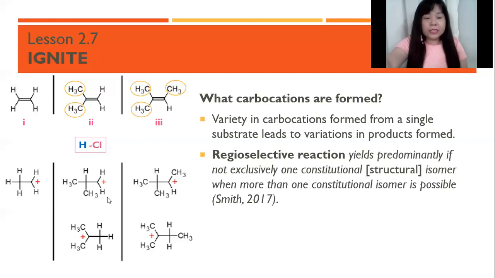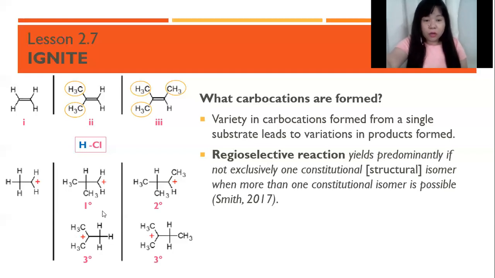And this reaction is now called a regioselective reaction. Again, that is a reaction wherein one product, which is an isomer of the other possible products, is favored over all the other possible products of the reaction. Basically because in this case, the carbocation that is formed is more stable.